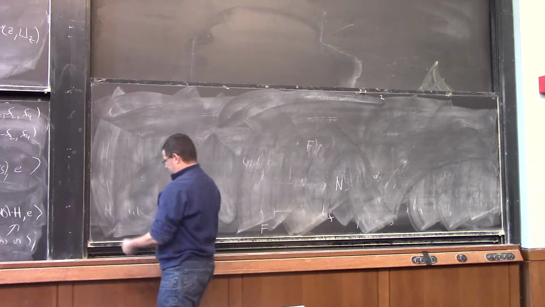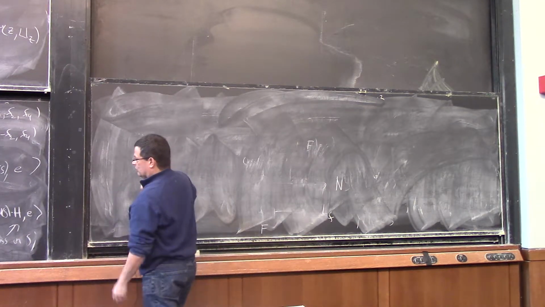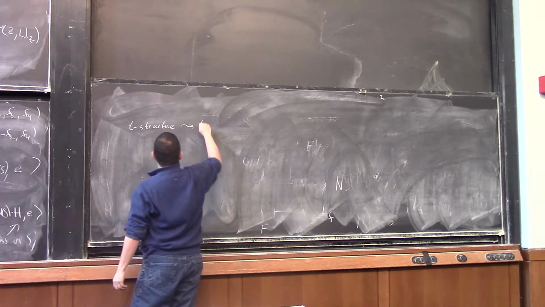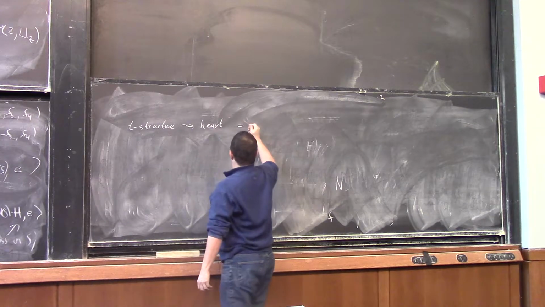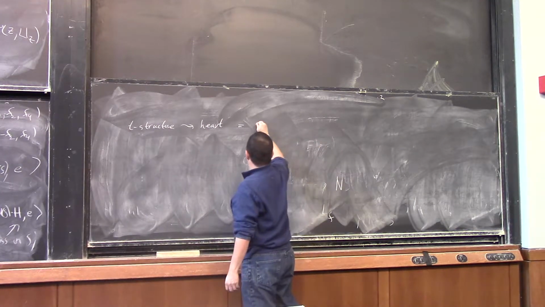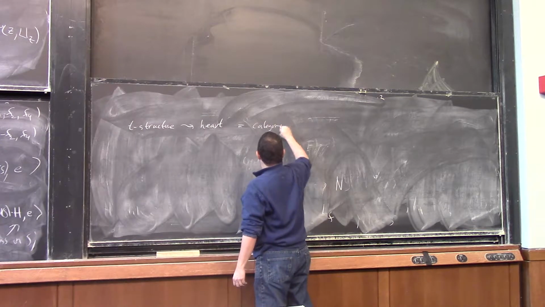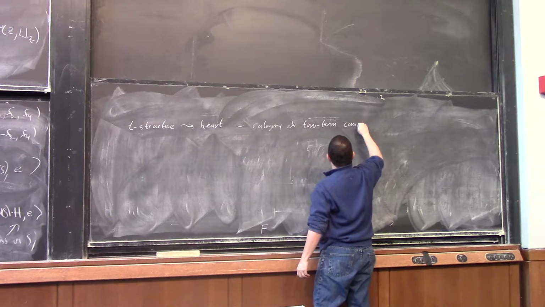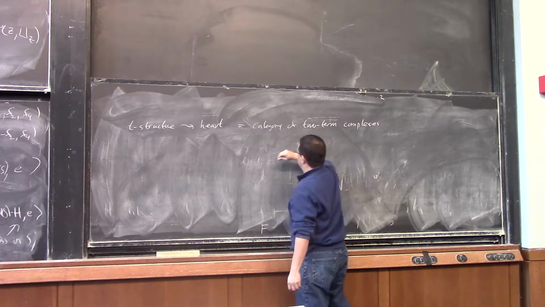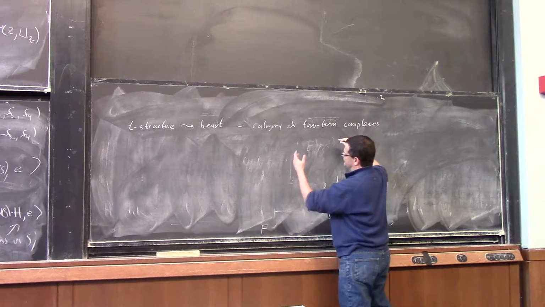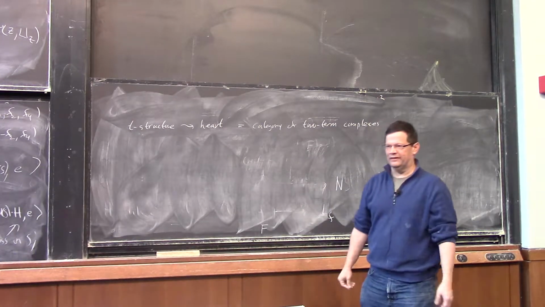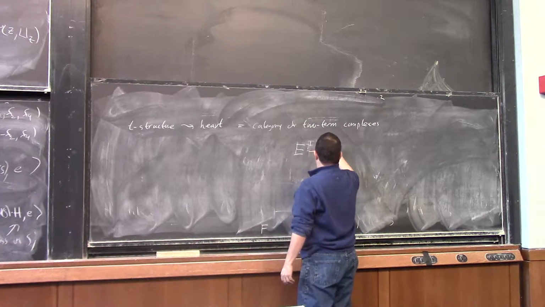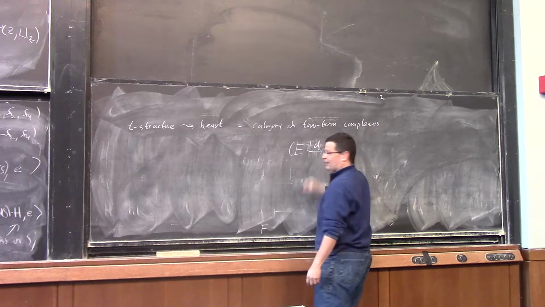The particular T structures we'll use here determine the heart of the T structure, which is going to be a category of two-term complexes. I mean, things quasi-isomorphic to two-term complexes inside the derived category. I think there's no harm in thinking of it as a pair of vector bundles with a D map.